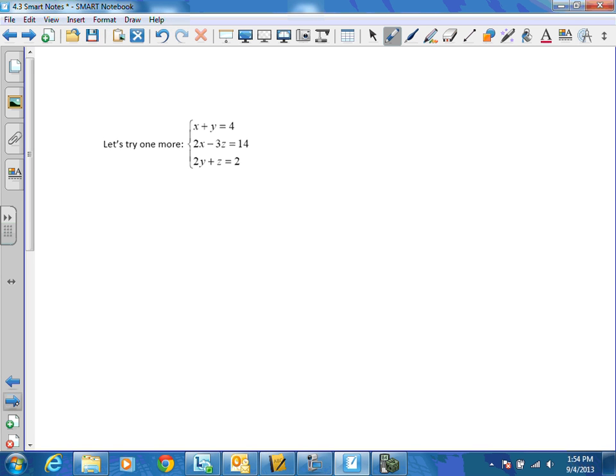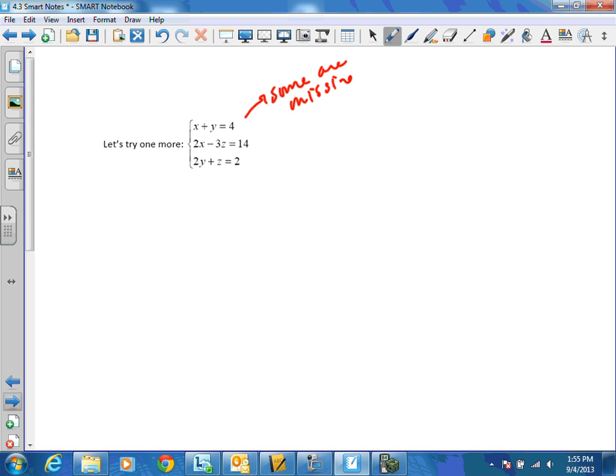Okay, this one's different. Why is this one different? Can you just eliminate X's or Y's or Z's? No, because they're missing some of them.